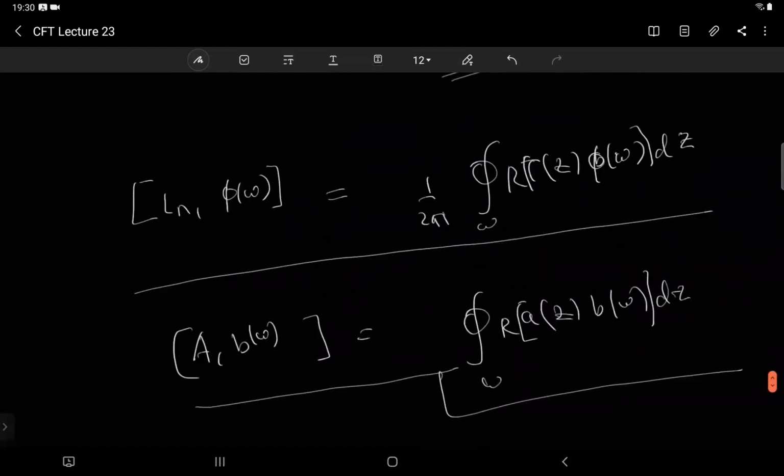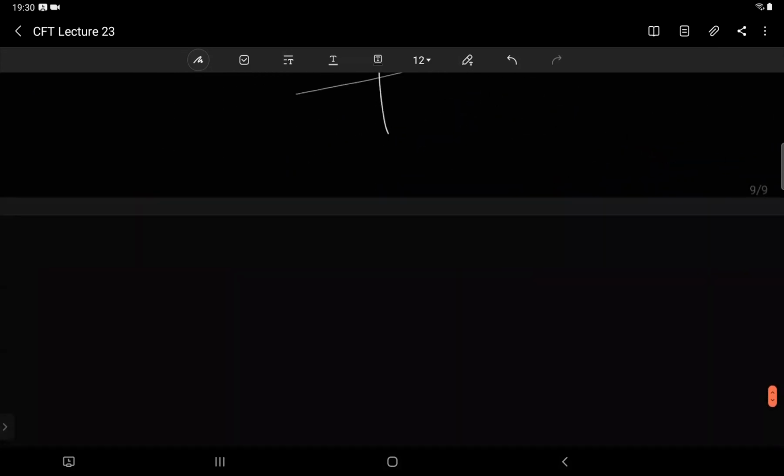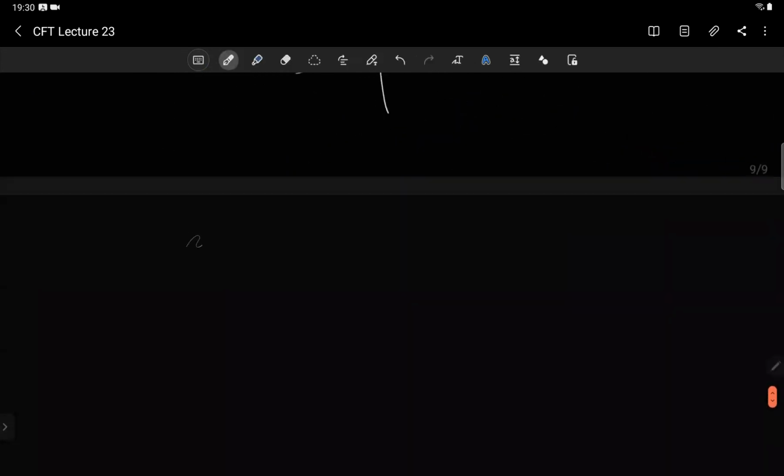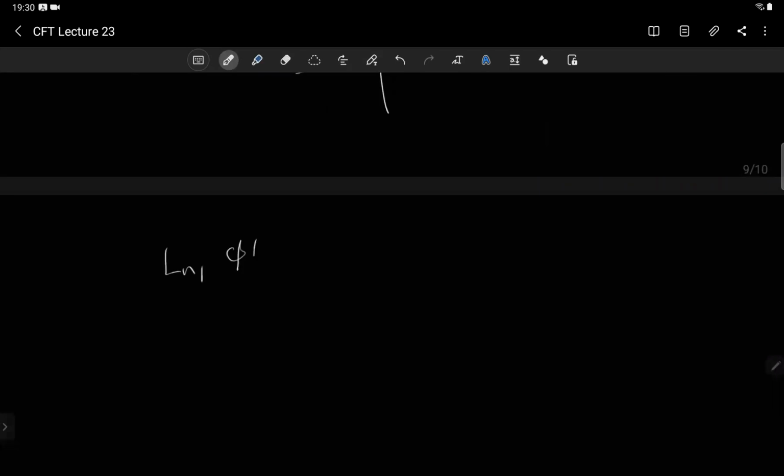So that is why we are suppressing this thing, and then we have to again use the OPE. So the commutator of L_n with phi(omega) is simply given by 1 by 2 pi i contour integral around omega dz, and just use the OPE.